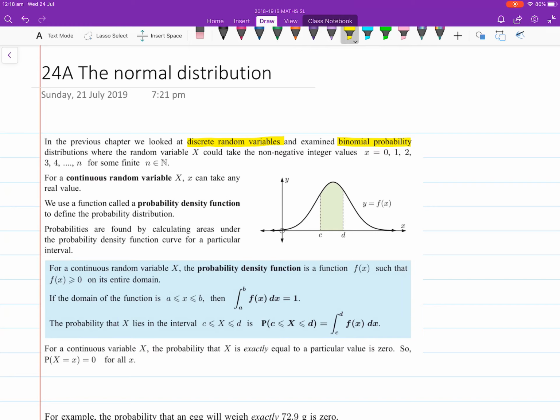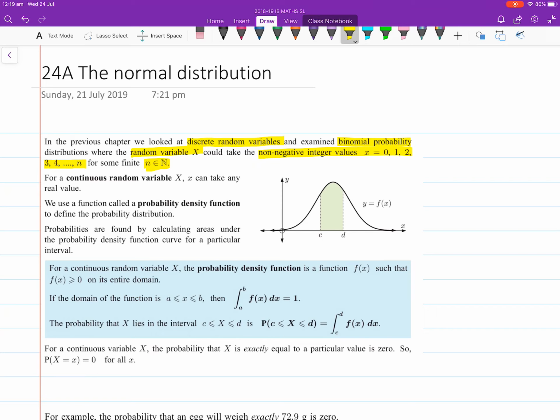And then we had a random variable capital X, or big X, where little x has to take non-negative integer values, 0, 1, 2, 3, 4, all up to n, say, and n is an element of the natural number set.